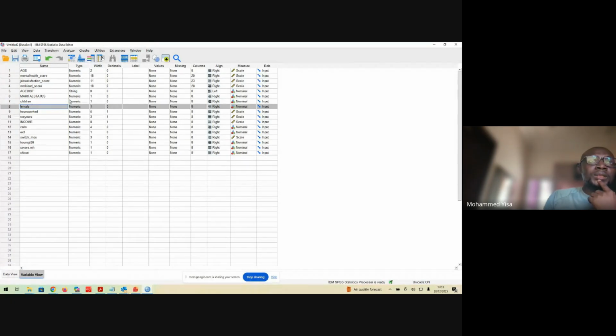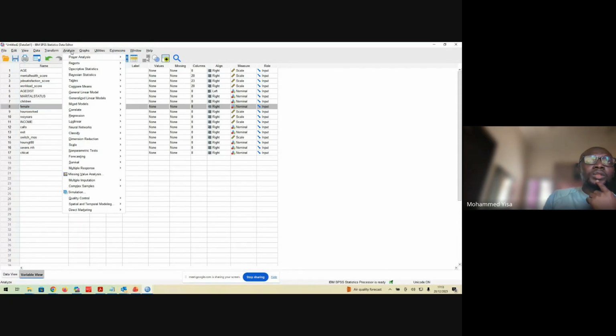So we are going to apply our Poisson regression, because the number of calls is a count. So we come to Analyze, and then we come to Generalized Linear Models. Then again, Generalized Linear Models.